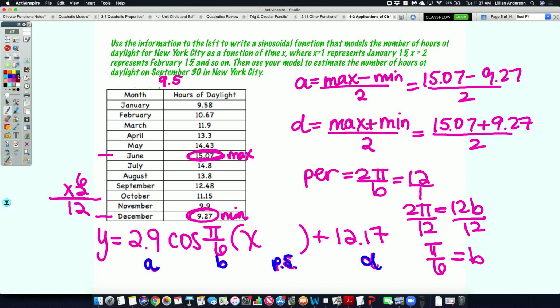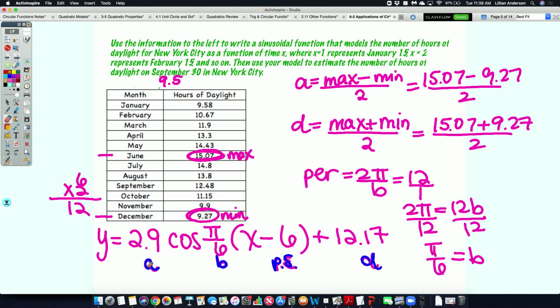When did the max occur? What month? June corresponds to which number? 6. June, the 6th month. Yes. Okay, so that's it. That's my phase shift. It's 6. So then I just do a minus 6 and I'm done. That is my equation.